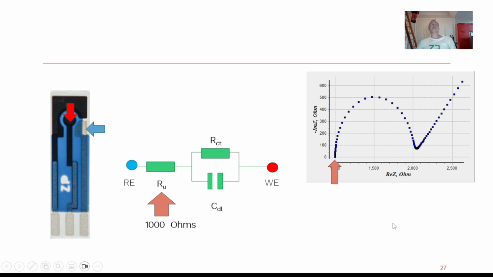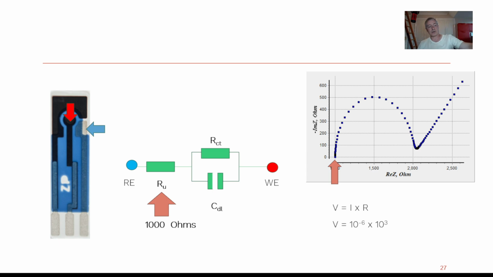So what I'm saying here is I can get a sense of how much I'm suffering from IR drop by actually just measuring the solution resistance. Now if I do a back of the envelope calculation, that voltage is equal to current times resistance, a lot of the times when I'm using screen printed electrodes like this, the most current we're really going to be getting is microamps of current.